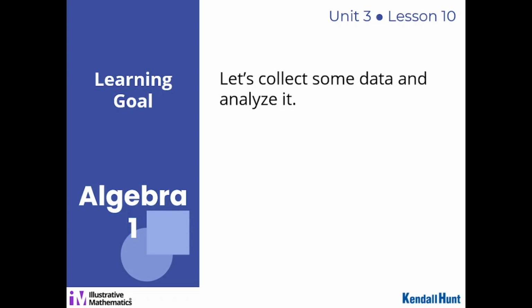We are going to need to be able to take that data table, put it into a graphing calculator, such as the Desmos.com graphing calculator, and then look at the scatter plot, the line of best fit, the equation that goes with it, the correlation coefficient, and answer some questions about what type of answers we can come up with and what types of things we cannot come up with based on what we see.